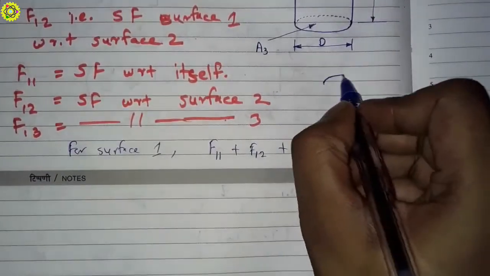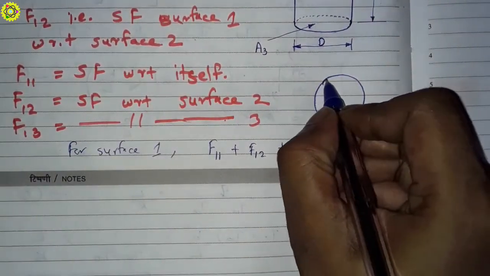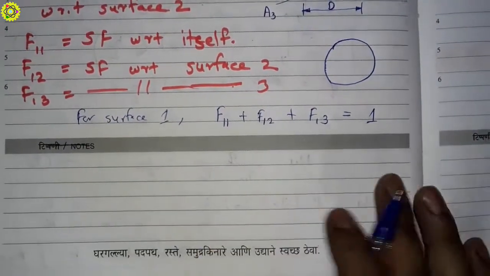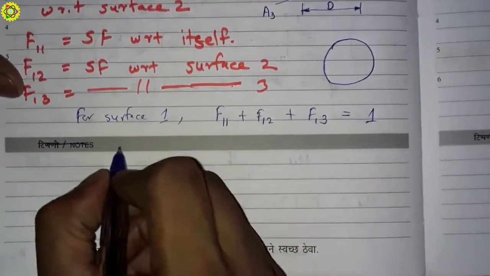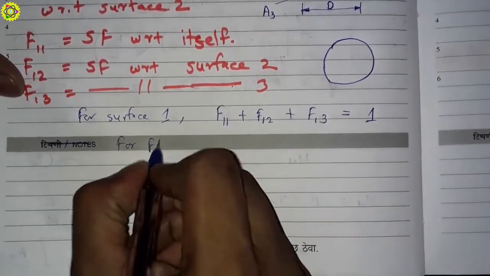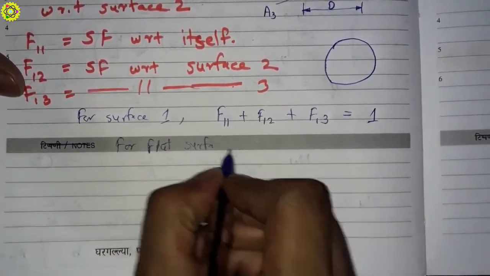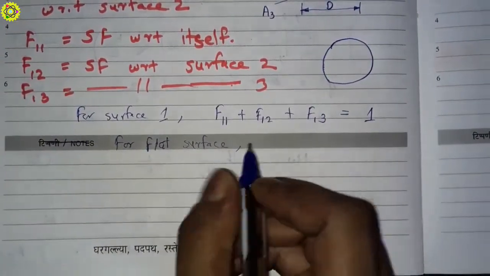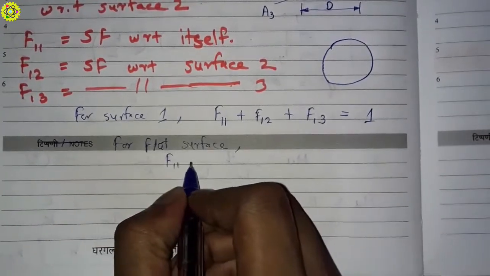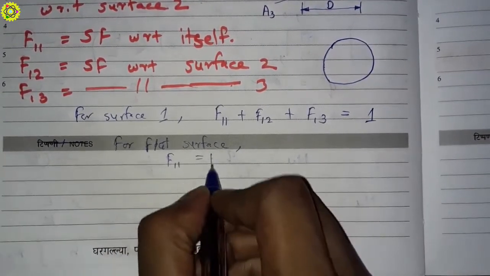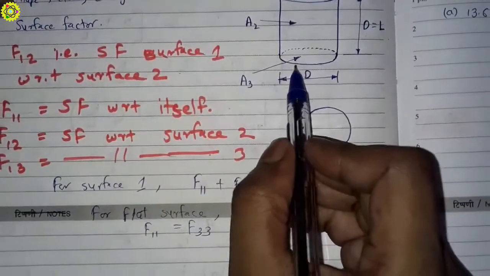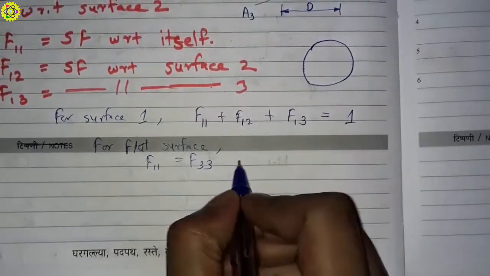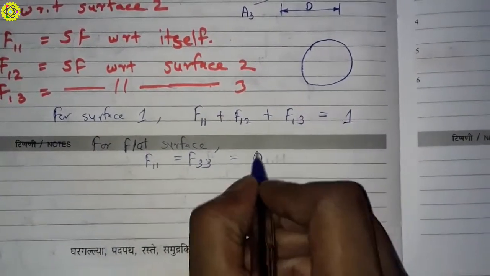As you can see, this surface 1 is a flat surface. It is like this, suppose this is a circle, and this is a flat one. In our case it is a flat surface, and F11 and F33 also refer to flat surfaces. So for a flat surface the shape factor with respect to itself is 0.